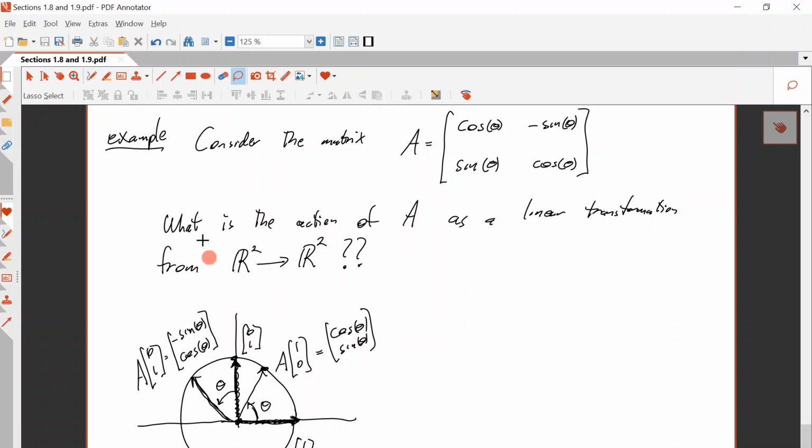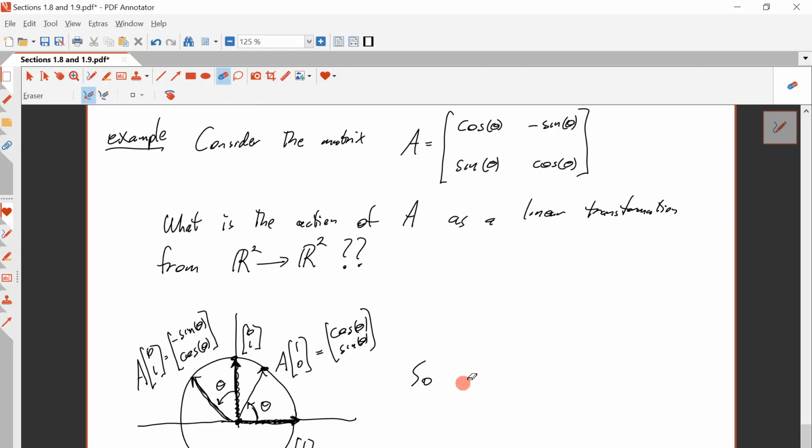Okay, so it's just a rotation. The action of A on the basis vectors is just rotation. And therefore, any other vector, which is a linear combination of these elementary basis vectors, you get the same kind of rotation.